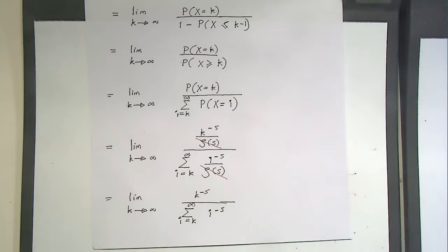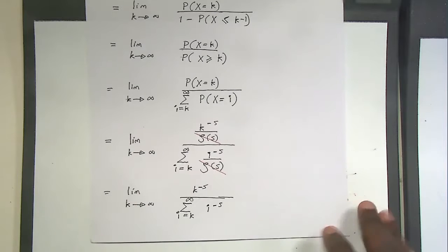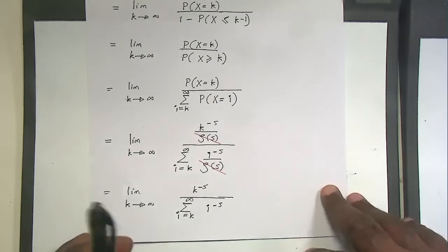Alright, now the problem is how do you work this out? That's the next question. So I'm going to use a trick which some of you might know from analysis.